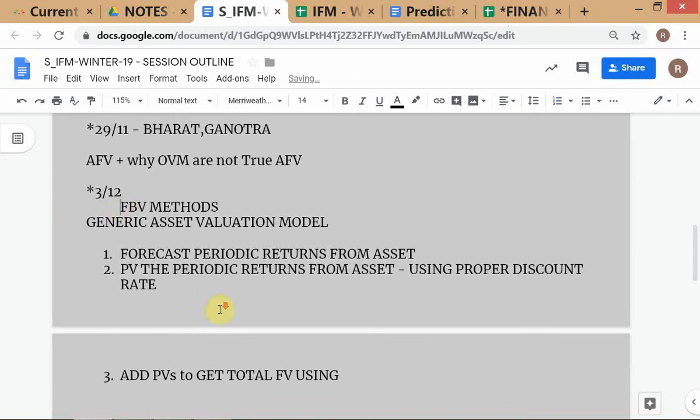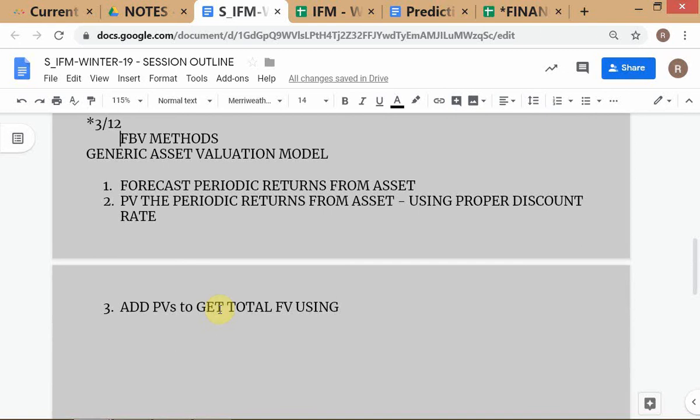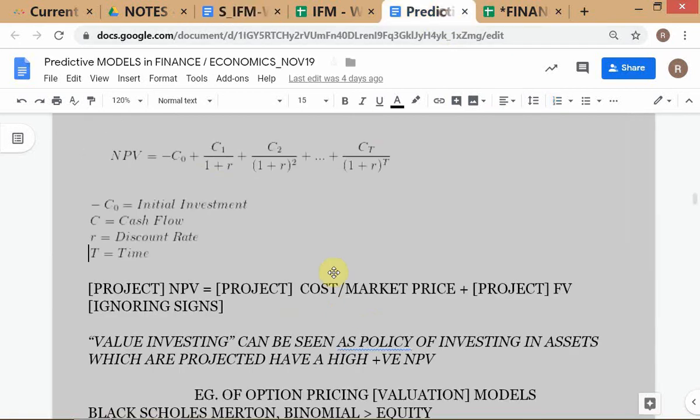Are you following so far? We are just trying to understand the general principles. Make sure we understand that everything you've done is an application of general principles: using a proper discount rate, adding PVs to get total fair value. Is this clear? So in the NPV calculation that you normally do for a project, leaving out the C0, the sum of the other terms is the fair value of the project.